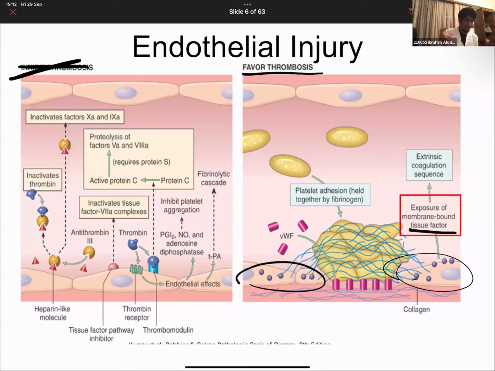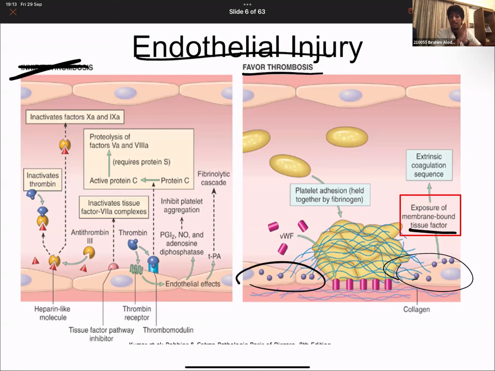So no, that's fine. Basically, normally in our body, when blood is flowing and things are moving around, we don't want blood clots. We do not want blood clots to get formed because we want our blood flow to form normally. The only time we want blood clots to be formed is if there's an injury to the endothelium, right? So we have these proteins in our blood that are constantly flowing that are preventing blood clots from being formed.